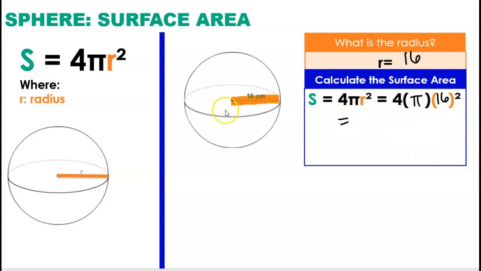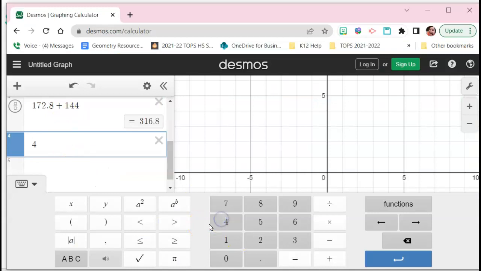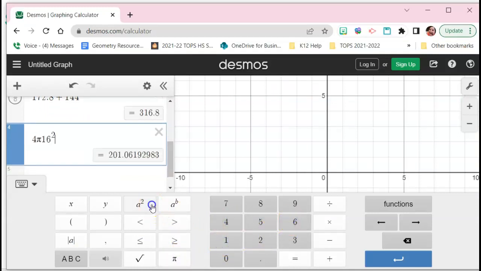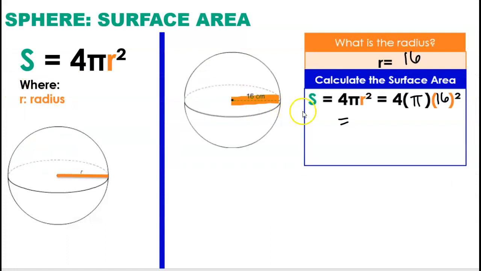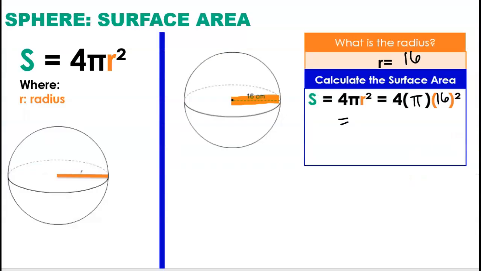So let's put that straight into Desmos, okay? So we have 4 times pi times 16 squared, and we get 3,216.99.